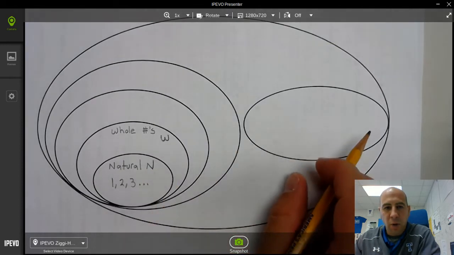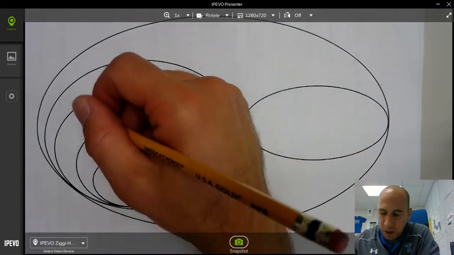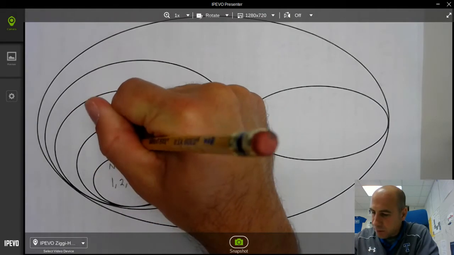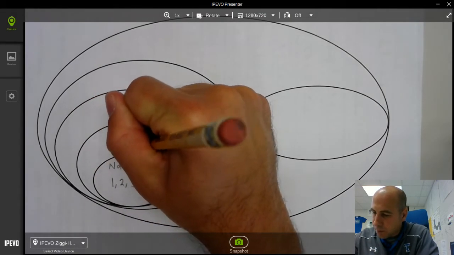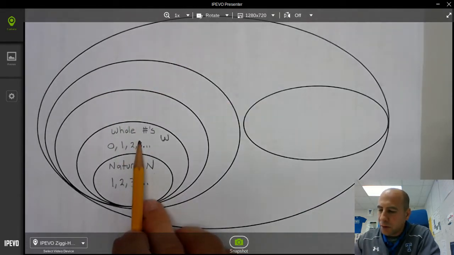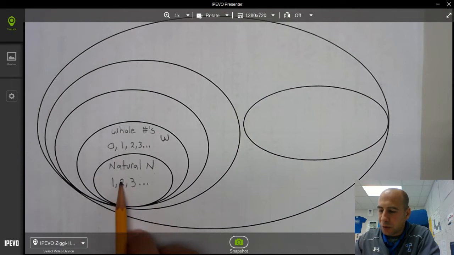Okay. Now whole numbers include 0. Now you'll notice natural numbers are included in whole numbers, but whole numbers are not included in natural. That's how this works, okay?